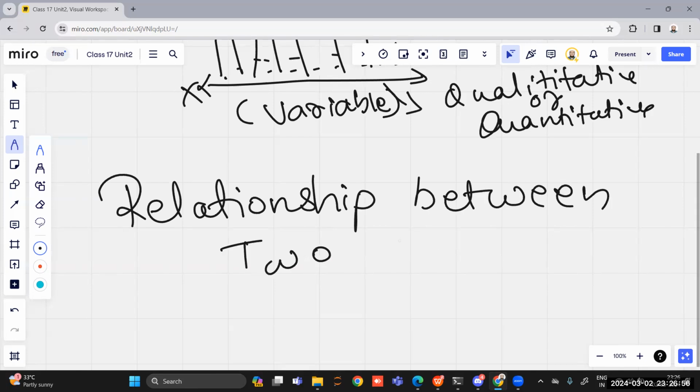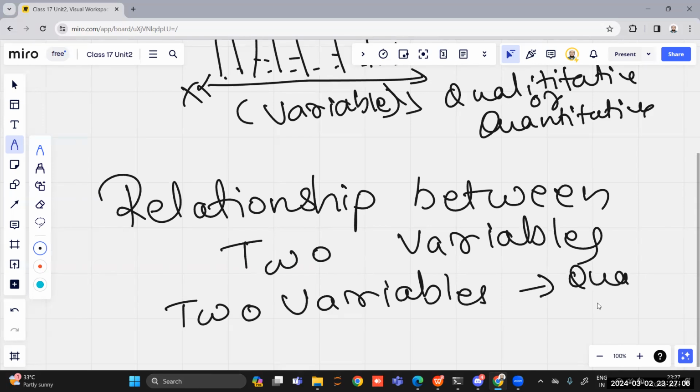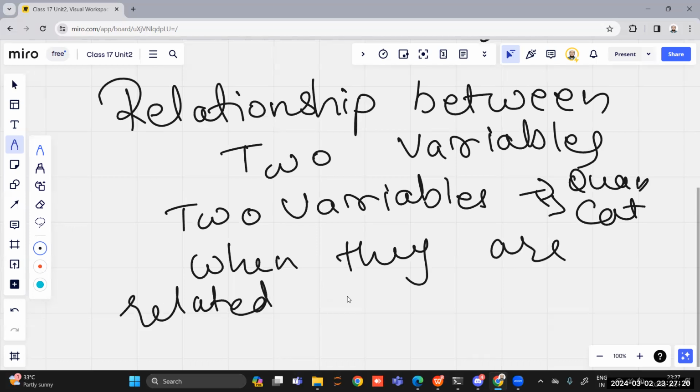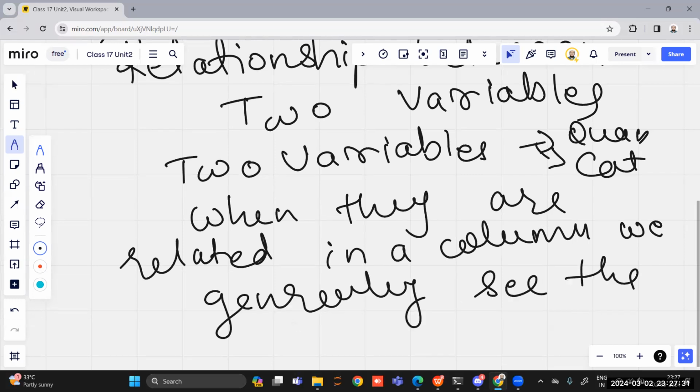Whenever there are two variables, either quantitative or categorical, when they are related in a column, we generally see the relationship. Now, what does relationship mean and all? We'll see it further.